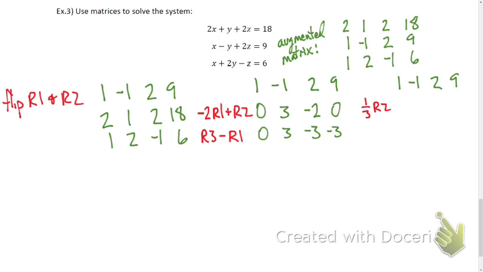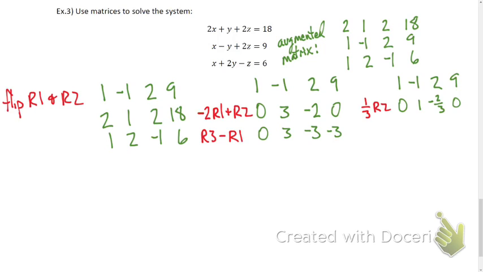And that'll give us a 1 where that 3 is. It does give us a -2/3, but oh well, that's fine.